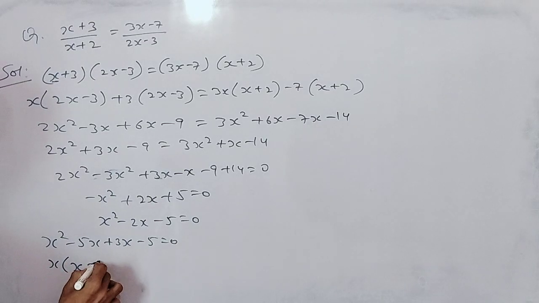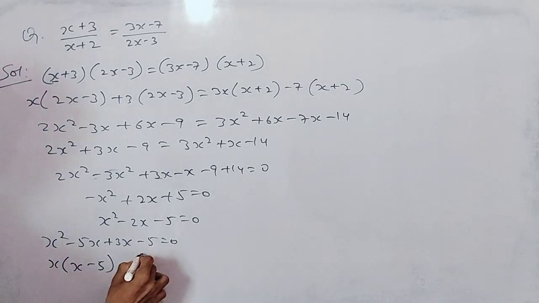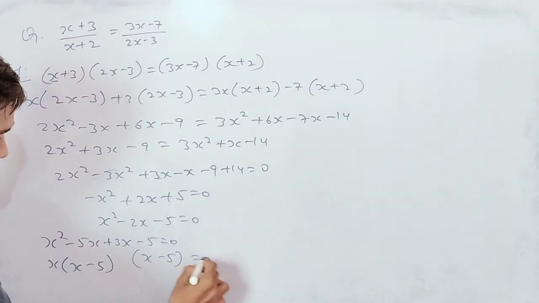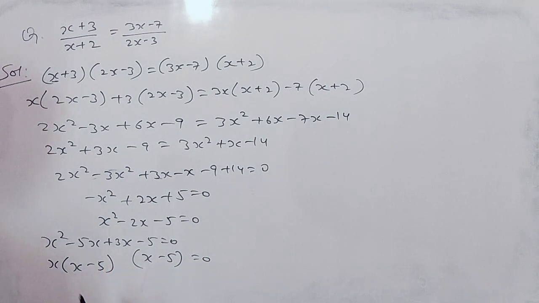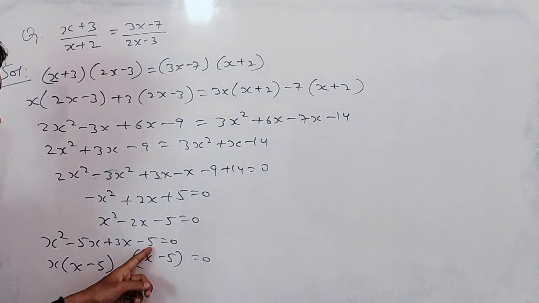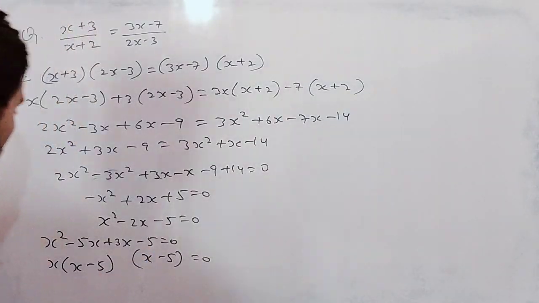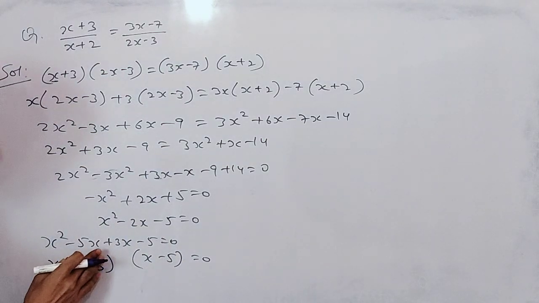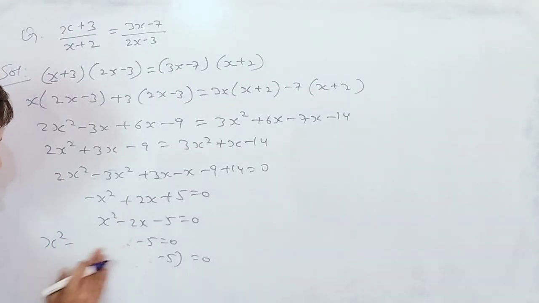So x minus 5. Here how much? I think 3. No. If you put 3, then this will become 15, 3 fives are 15. So I think something is wrong here.